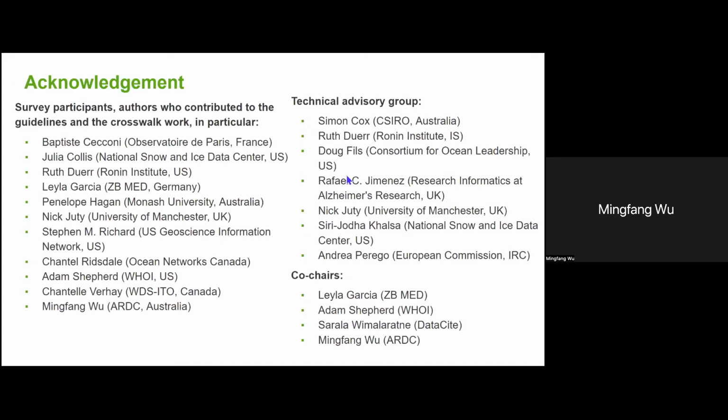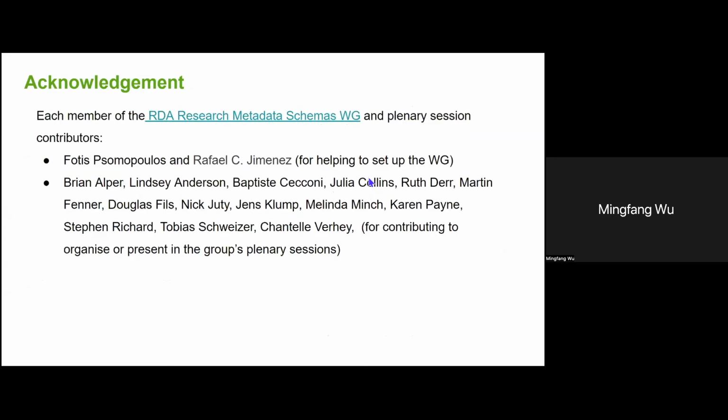Unfortunately, they cannot make it here today, but there are so many people who helped us develop the guideline, the crosswalk, the tooling, and the people from the advisory group, Doug, Nick, and Rose. They all actively contributed to each output. I wasn't able to read all the names, but I just put it on record.